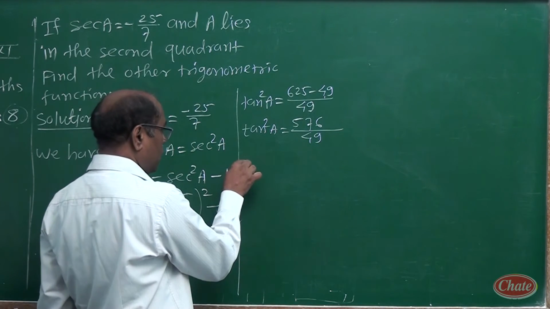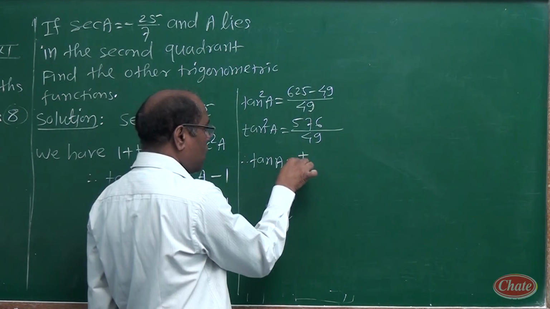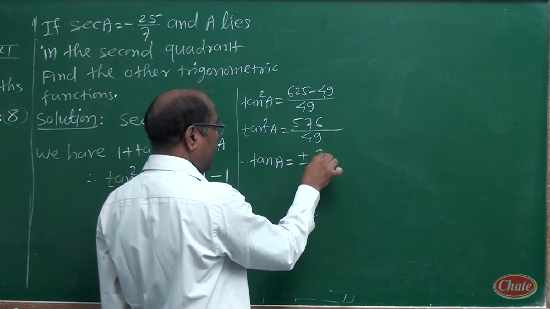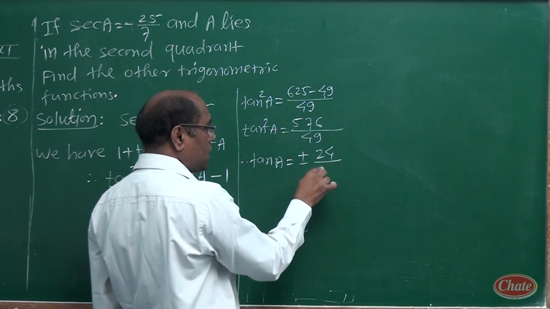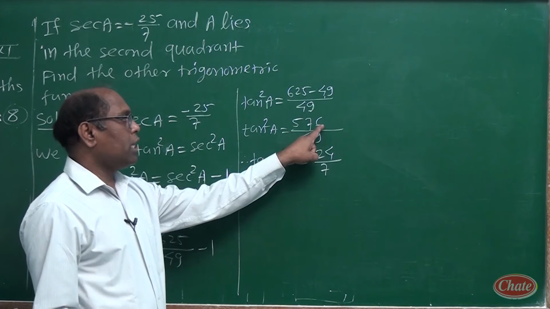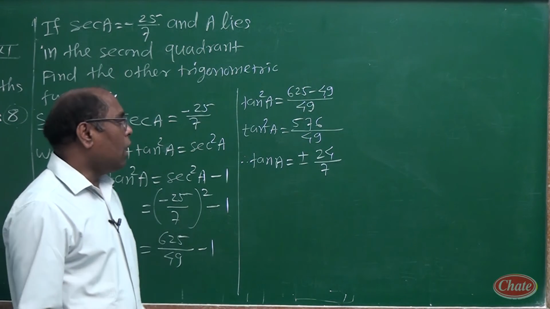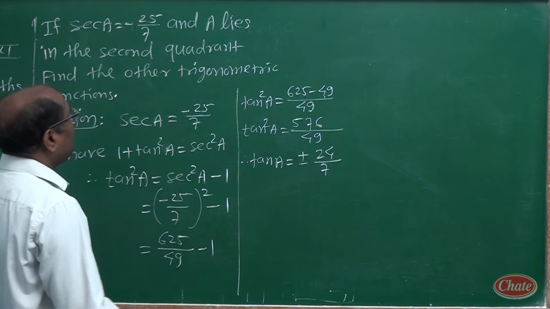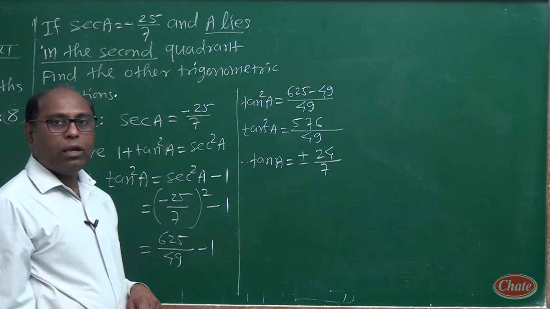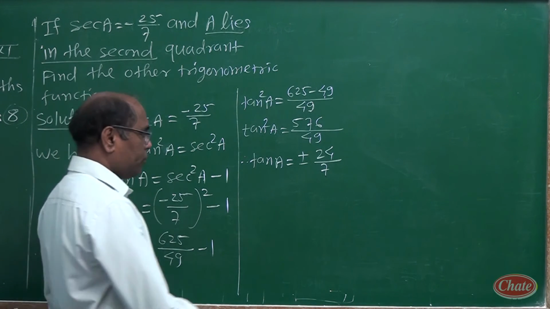Now take the square root here. Therefore tan A is equal to plus or minus: 576 is the square of 24 and 49 is the square of 7. Now here we are given the angle A lies in the second quadrant, and in the second quadrant tan A is negative.